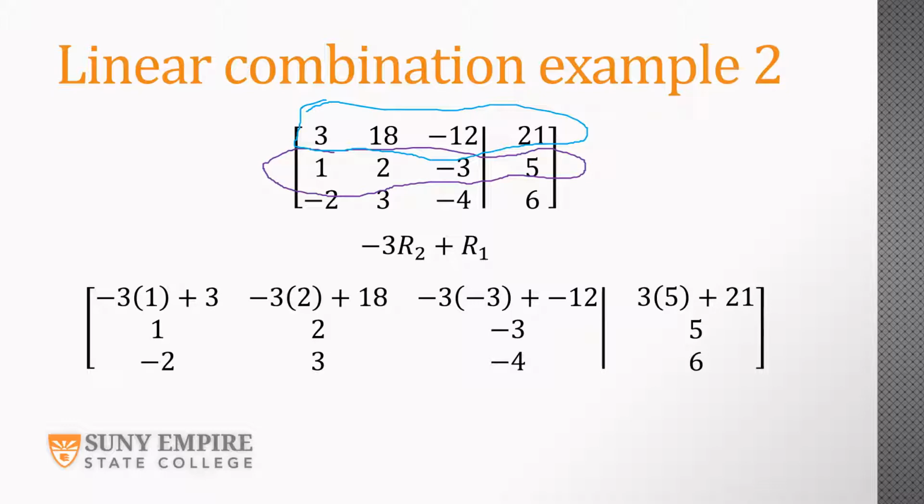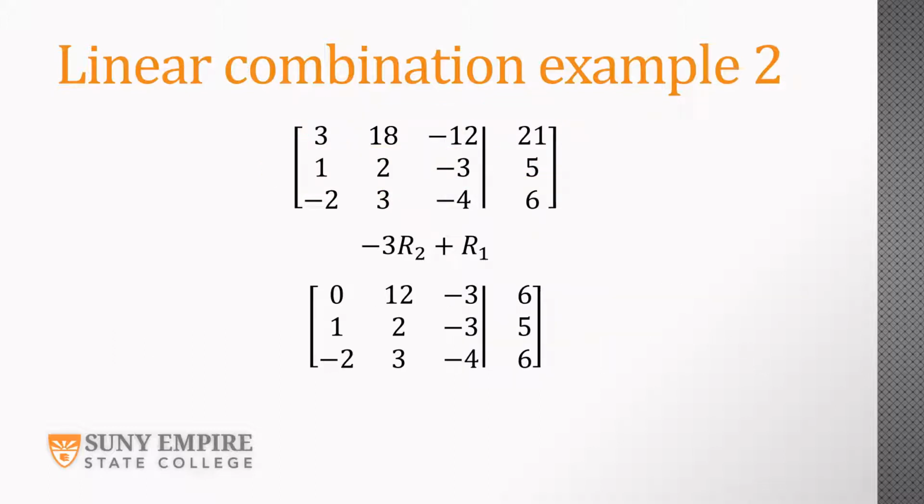We have negative 3 times 1 plus 3, negative 3 times 2 plus 18, negative 3 times negative 3 plus negative 12, and negative 3 times 5 plus 21. Completing the calculations, we have the matrix 0, 12, negative 3, and 6, then 1, 2, negative 3, and 5, then negative 2, 3, negative 4, and 6.